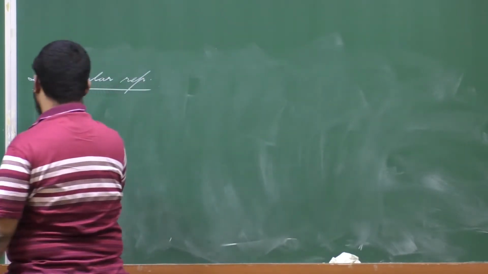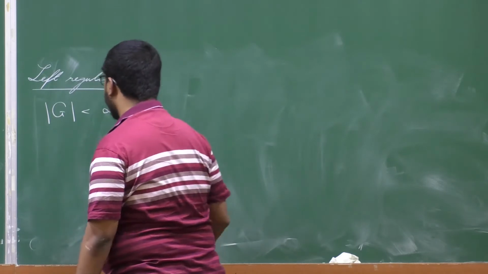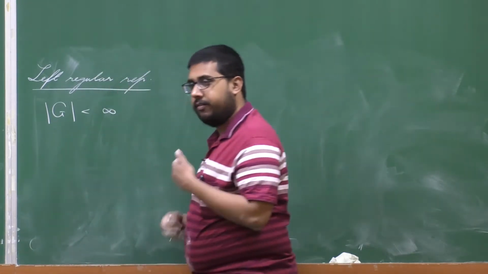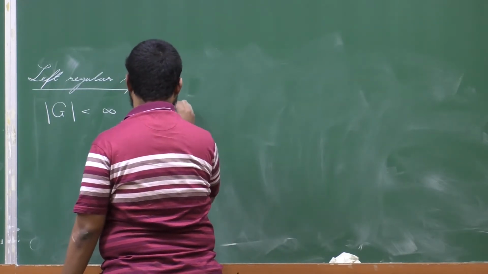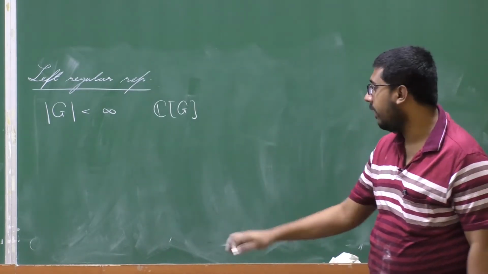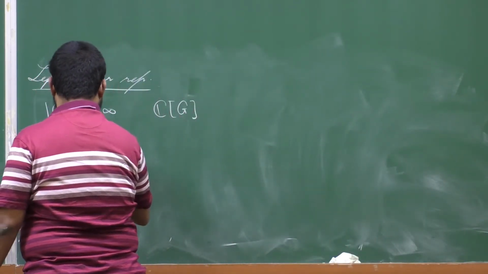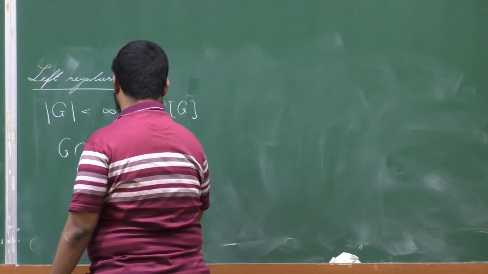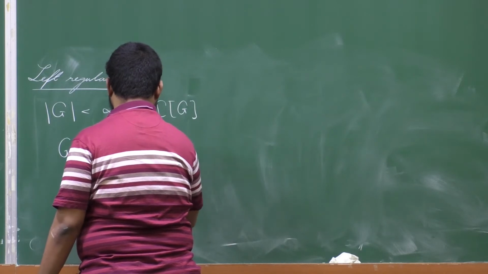Recall, as usual our setup is G is a finite group. Now, the finite dimensional vector space that we are going to choose here is basically this group algebra. Remember, this is a vector space over C as well. Now, recall that one can have this action of G on itself by left multiplication.